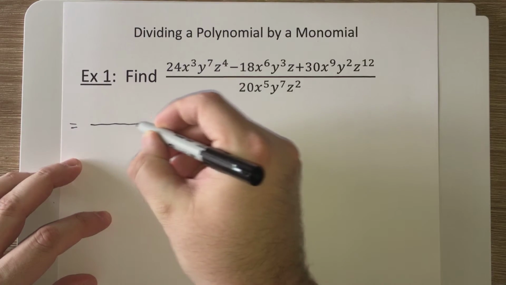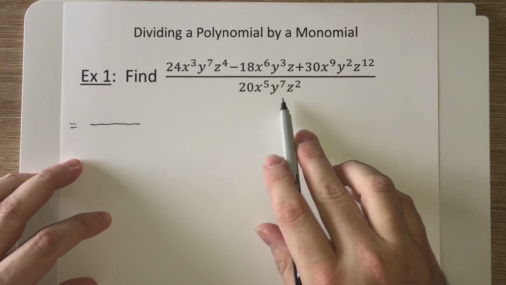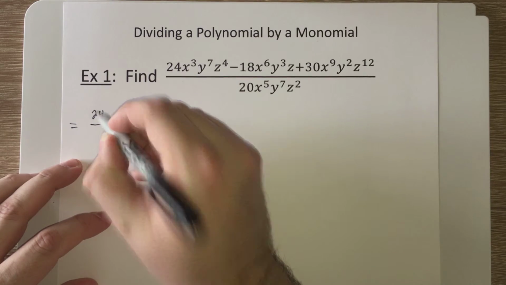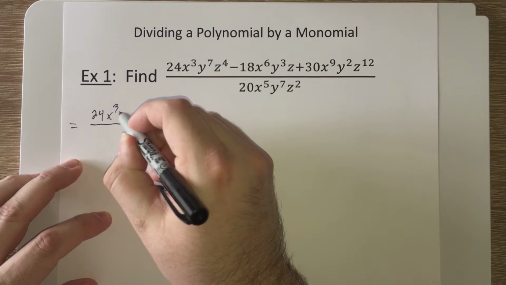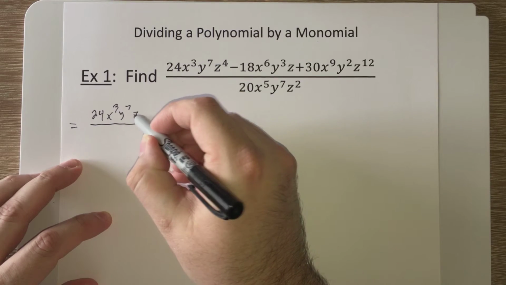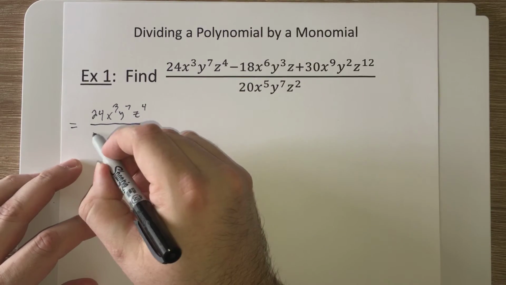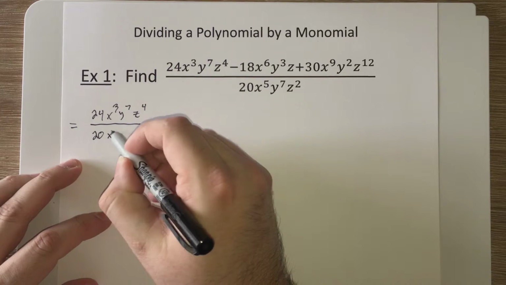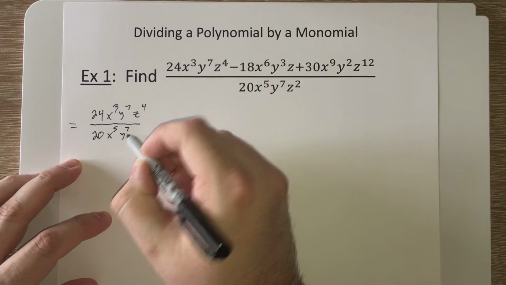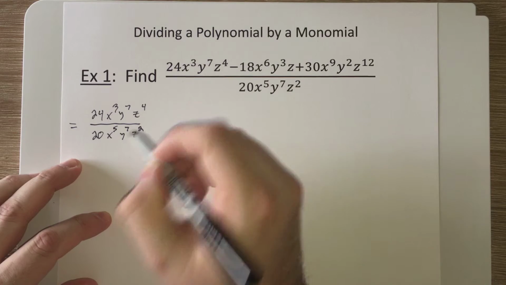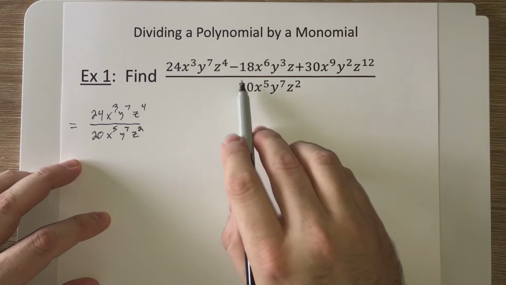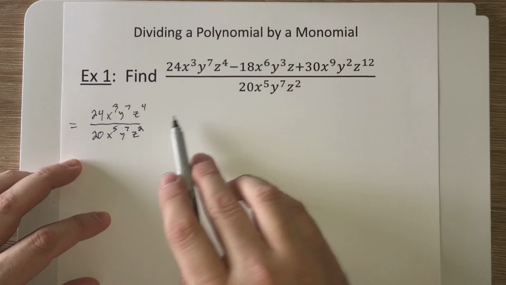First fraction line, again, I'm going to do this divided by that. So 24 x to the third, y to the 7, z to the fourth, over the monomial on the bottom, 20 x to the fifth, y to the 7, z squared. Then the symbols that you see up here, the minus and the plus, that's what goes in between your fractions.